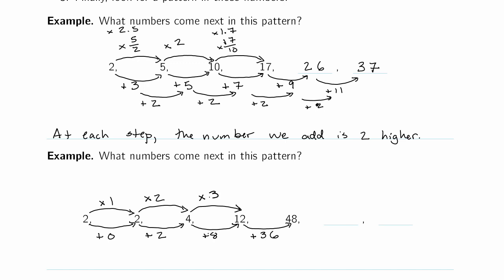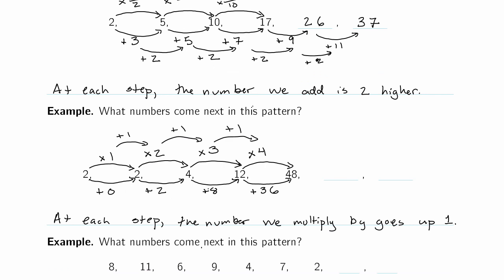So here we're multiplying by 3. To go from 12 to 48, 48 divided by 12 is 4. Oh, I think we see a pattern in those numbers, right? The pattern is at every step, the number we're multiplying by goes up by 1.